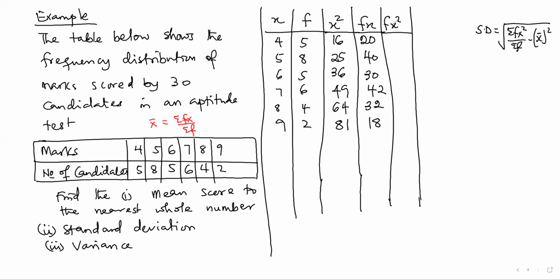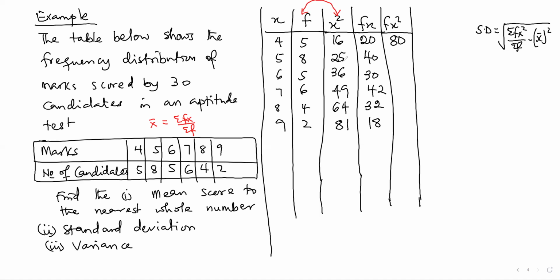fx squared means that our frequency is multiplying the x squared. That's the meaning of fx squared. So fx squared itself is 5 times 16, which is 80.